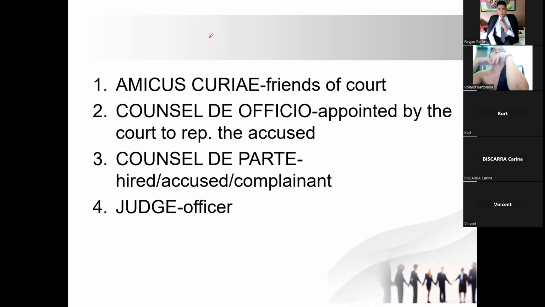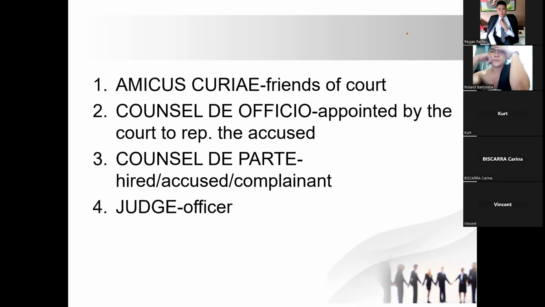So anyone that cannot afford a lawyer or a counsel class, pwedeng i-represent ng tinatawag natin na Public Attorney's Office. Hindi lang yung mga accused ang nare-represent ng PAO natin. Nakuha ninyo?